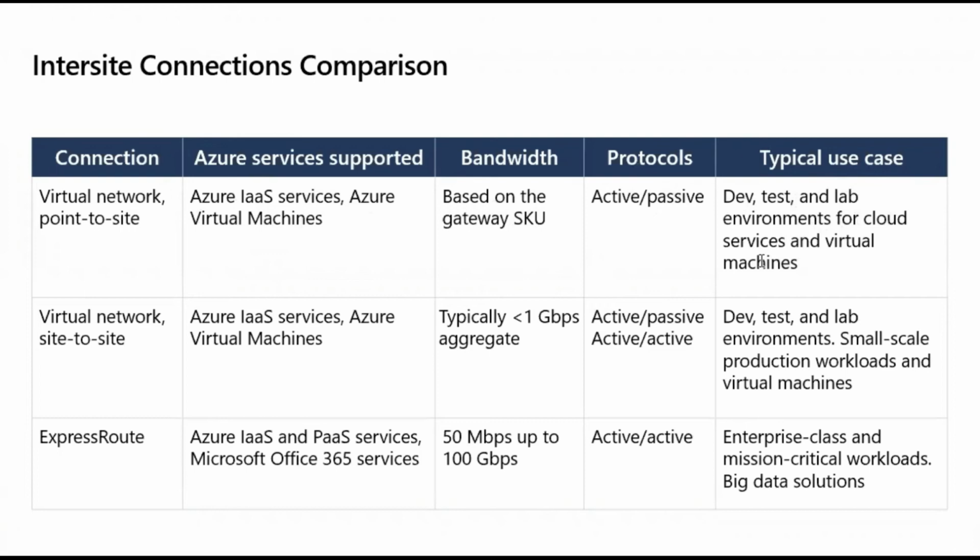So virtual network, site to site: Azure infrastructure as a service, Azure virtual machines, and bandwidth typically less than 1 Gbps aggregate. Protocols, active, passive, active, active. Typical use case, you have dev, test and lab environments, small scale production workloads, and virtual machines.